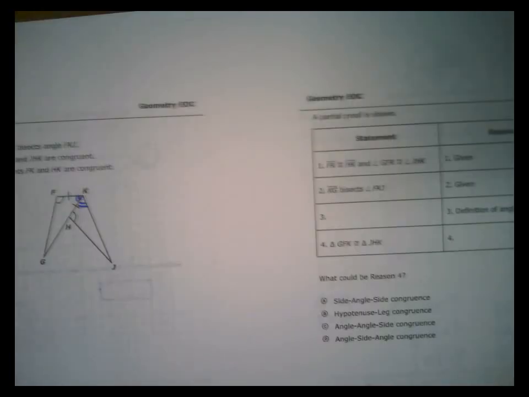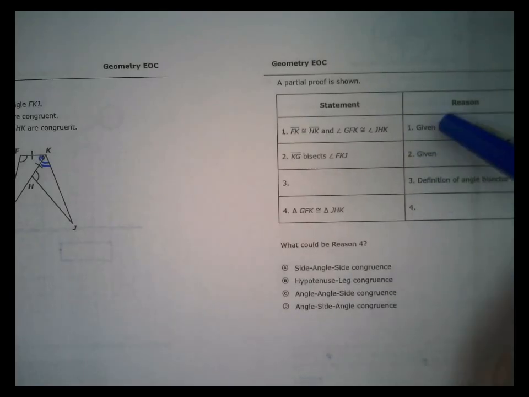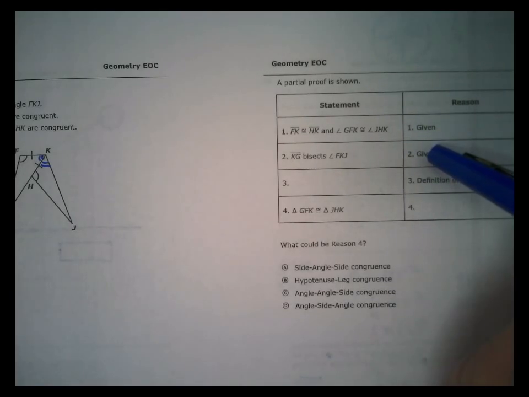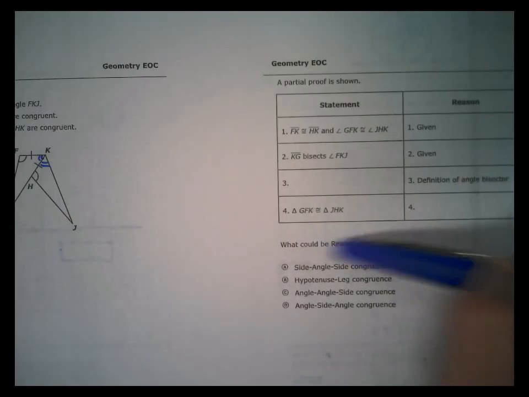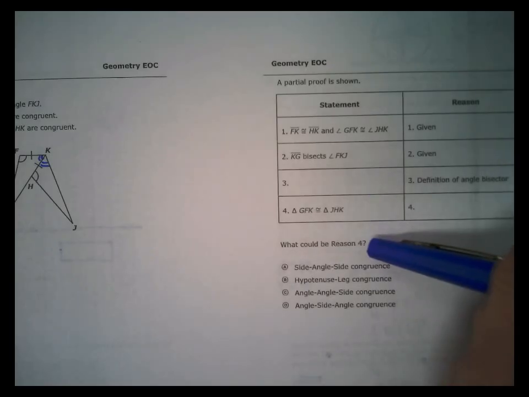We have a proof that goes with this picture, and two lines are filled in as givens because those are the things that they told us. And then it says definition of angle bisector here. Okay, I don't really care for this problem what goes in step 3, because my problem says what could reason 4 be.